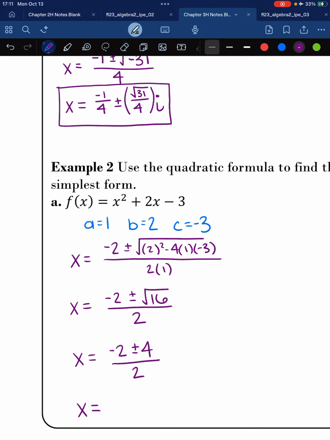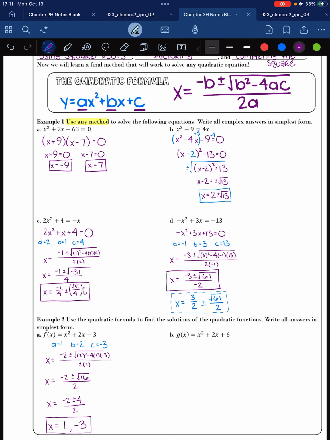And the order that we simplify this doesn't really matter. So I'm going to go ahead and do -2 plus 4. -2 plus 4 is 2 divided by 2 is 1. -2 minus 4 is going to be -6. And -6 divided by 2 is -3. So I have both of my solutions here.